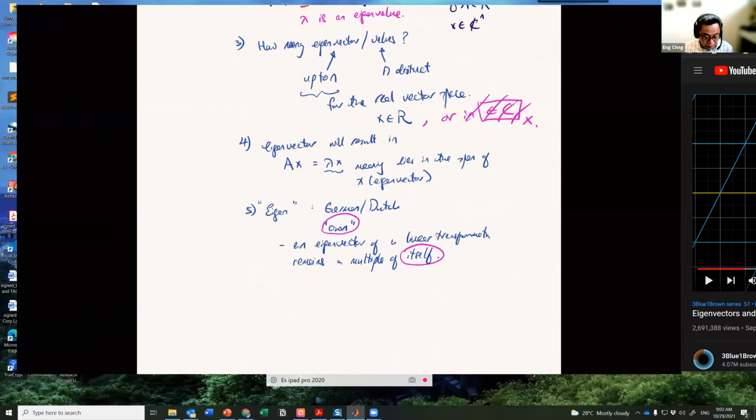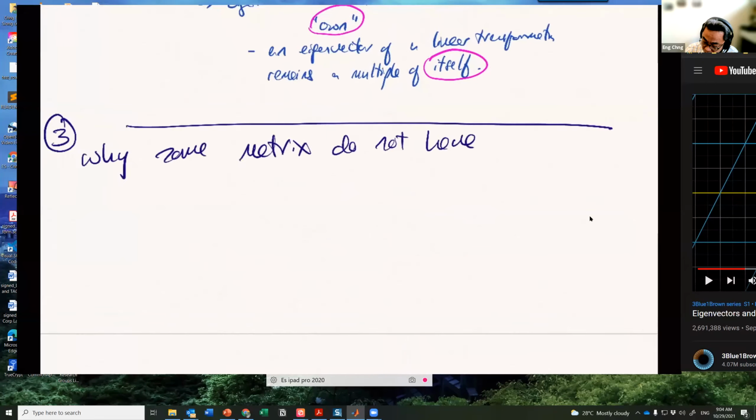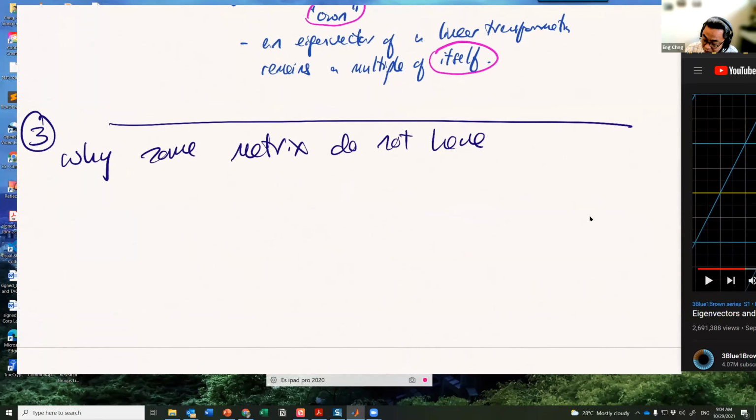Right. Maybe I would now just show you a very simple example of why some matrices do not have a complete set of eigenvectors. Okay, let's try.